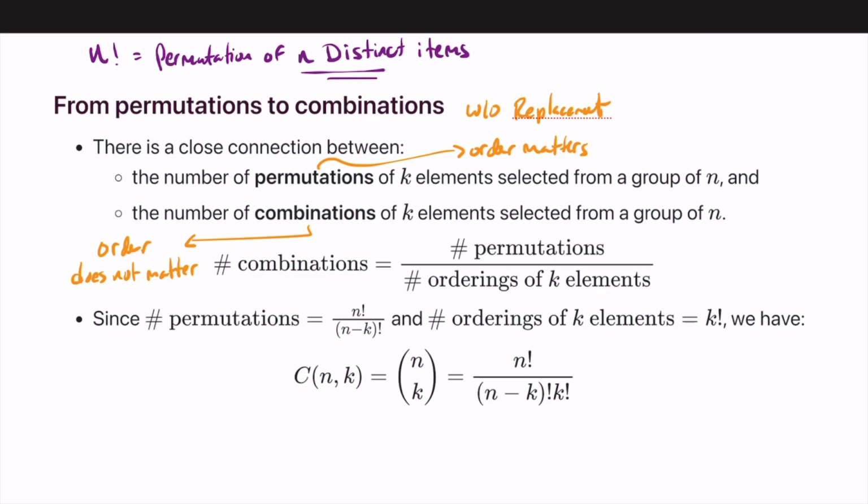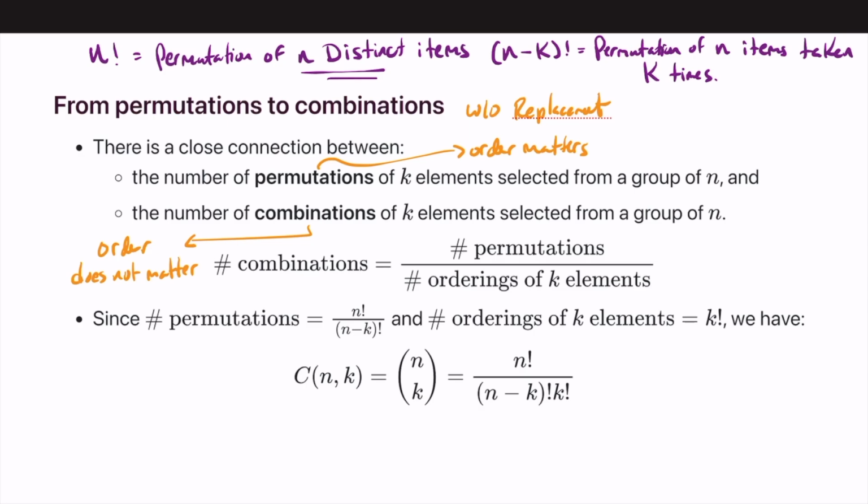And now where does that come from? Well, that's this n minus k factorial, which is, from a permutations point of view, the permutation of n items taken k times.